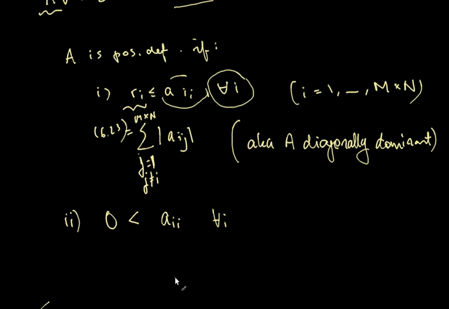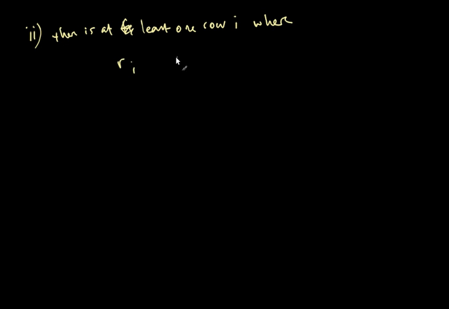So let's see. Next two conditions. Number 3. There is at least one row where the row sum is strictly less than the diagonal element, where Ri is strictly less than Aii.